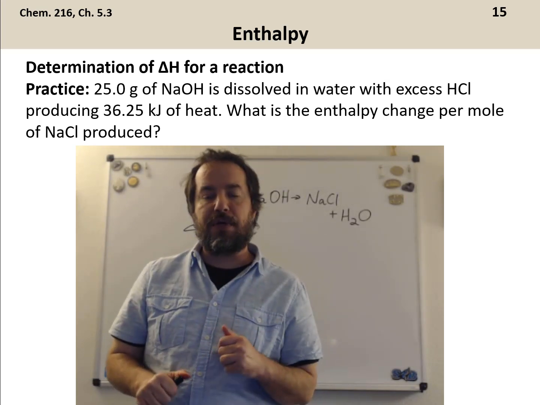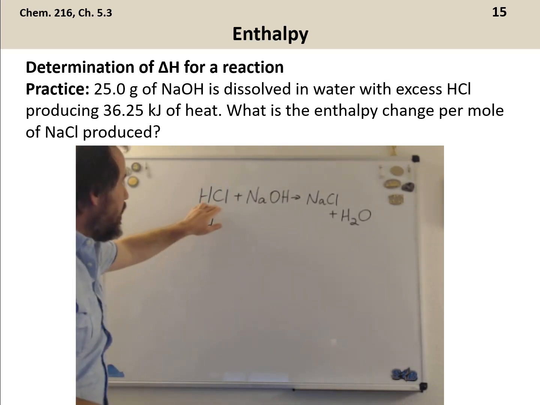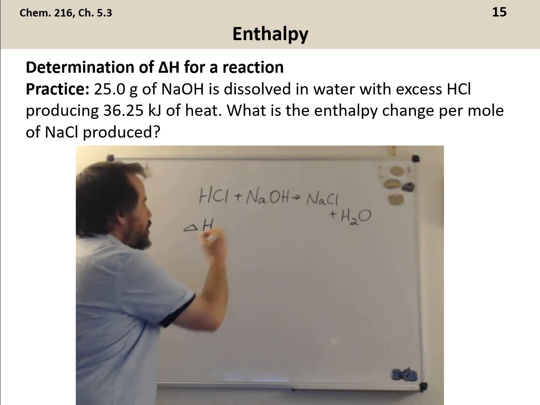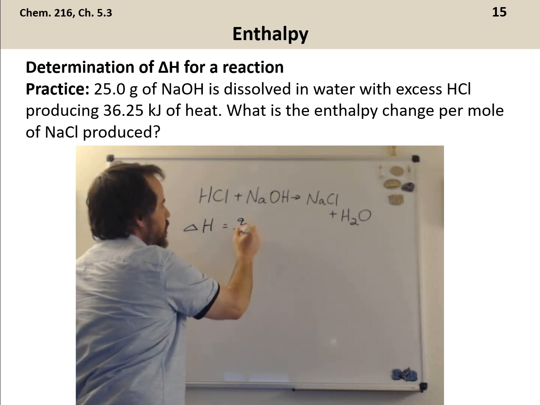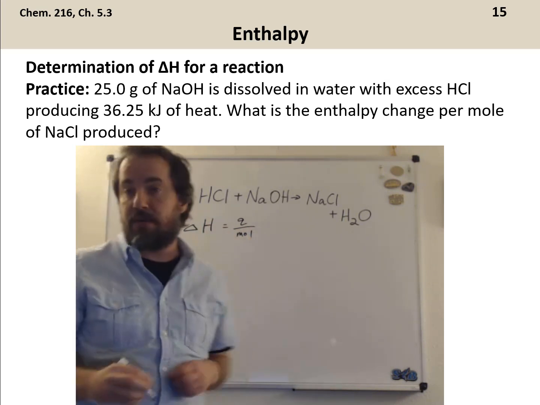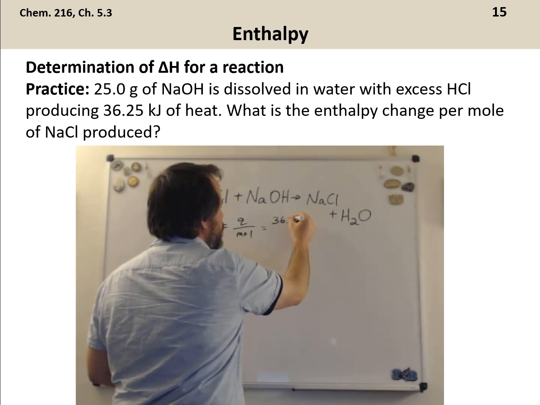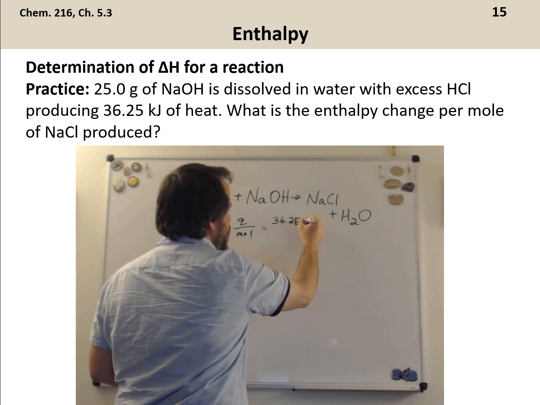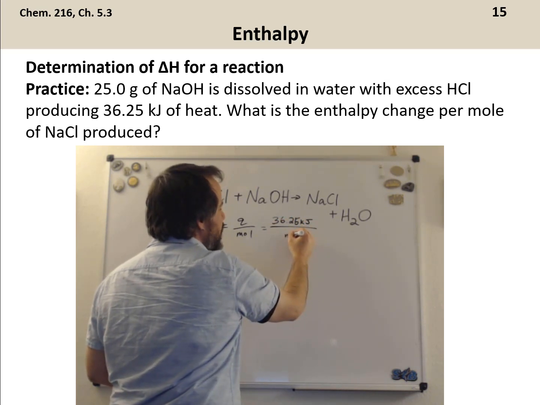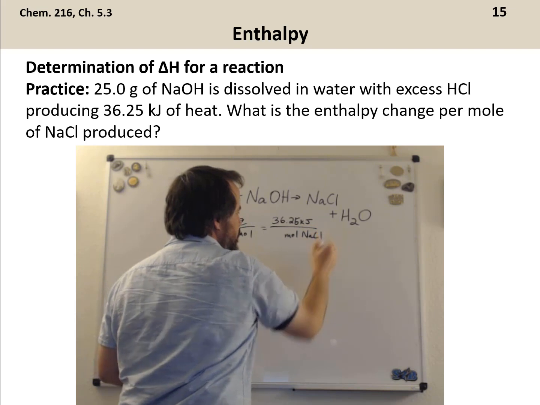So what we need to do is realize, and we know Q, we know how much heat we already have, we're told 36.25 kilojoules. We need to figure out how many moles of NaCl.